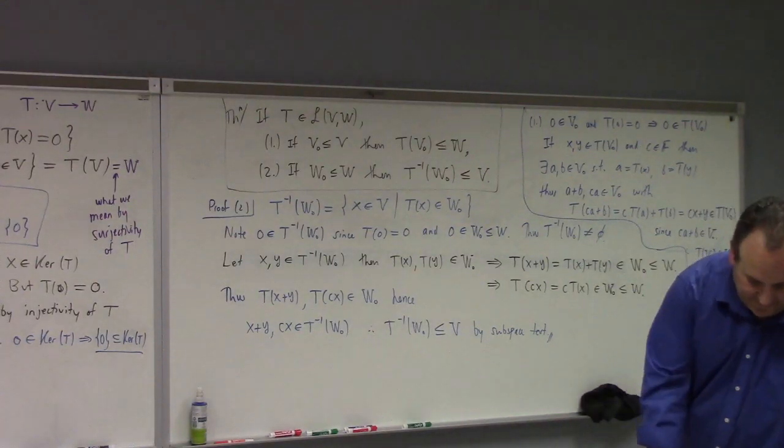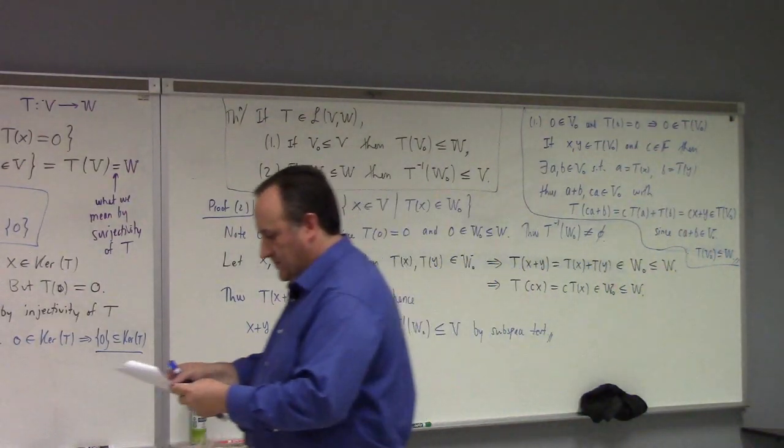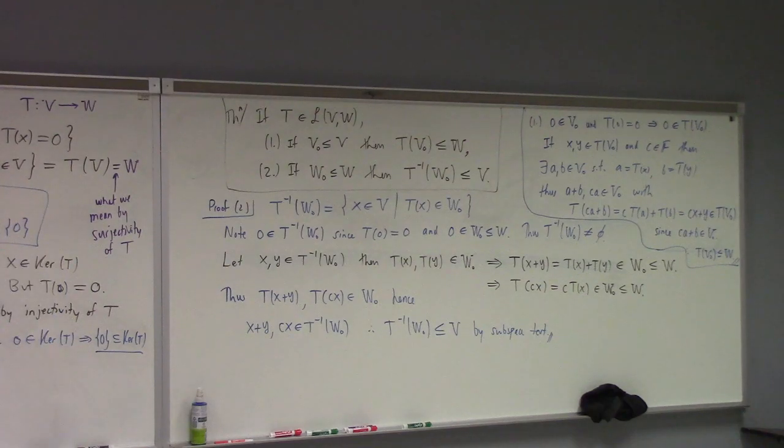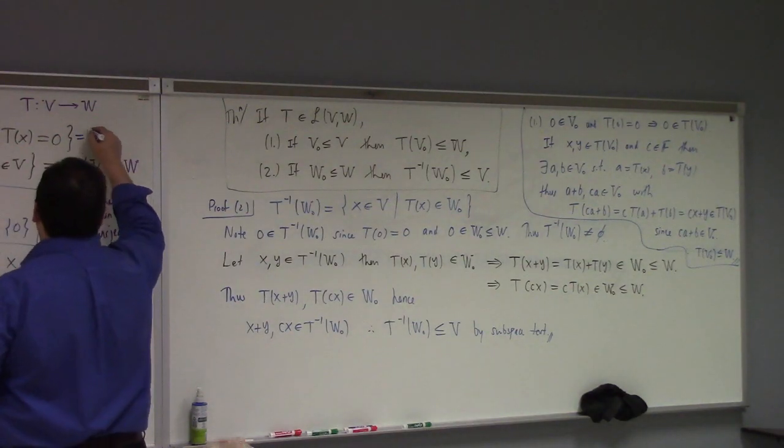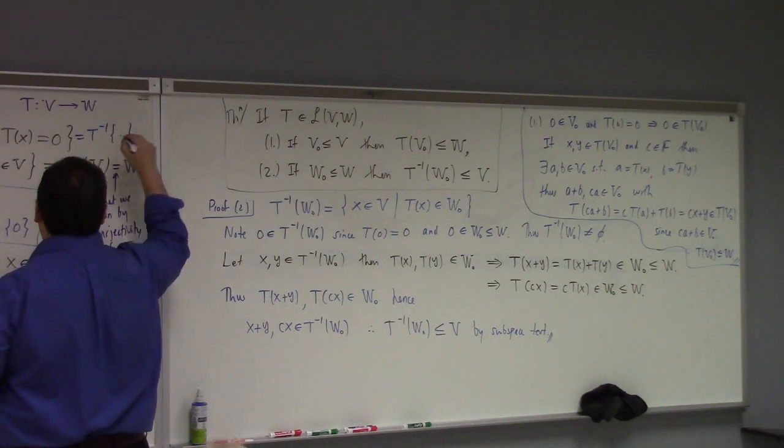Okay, so conclusion for class today. You tell me, kernel and range, are those subspaces? What do you think? They are, right? Because the kernel is the inverse image of what? The subspace.